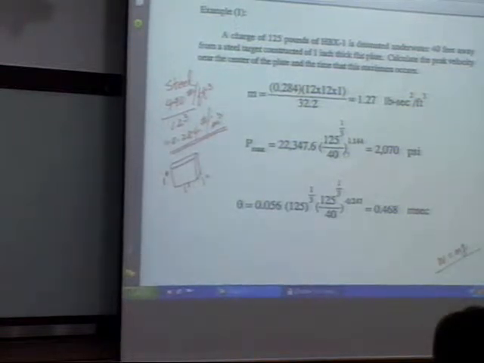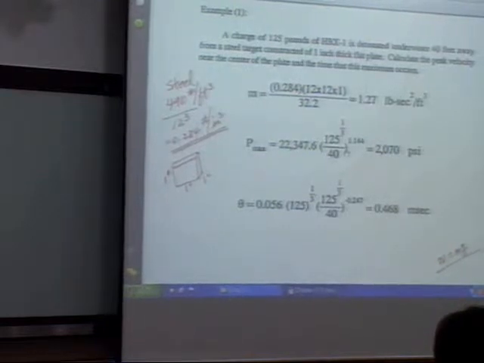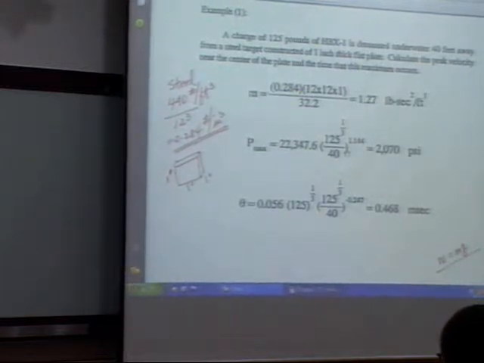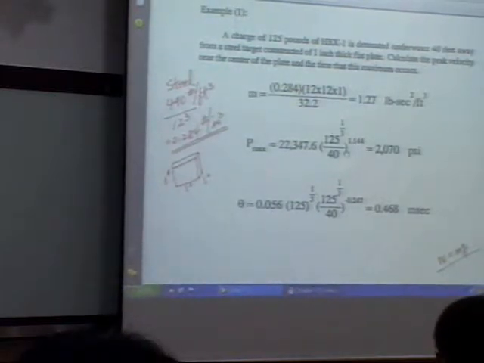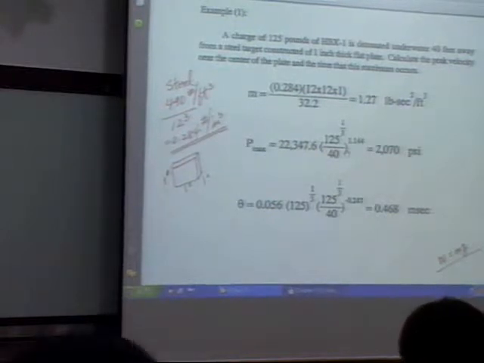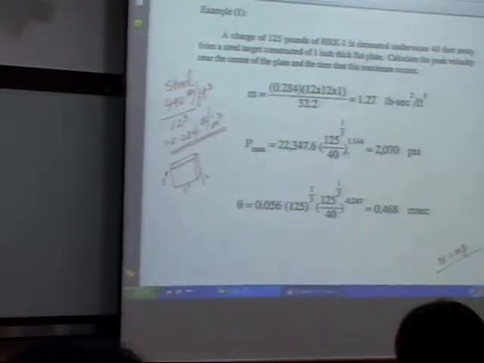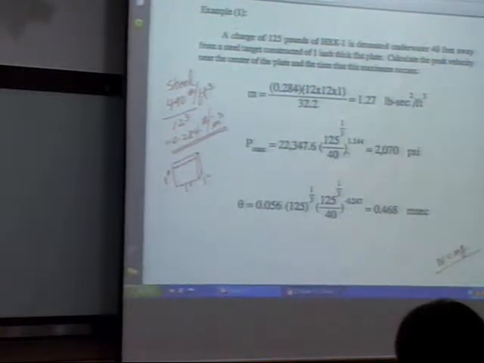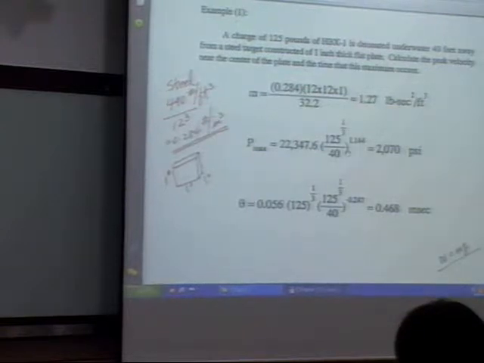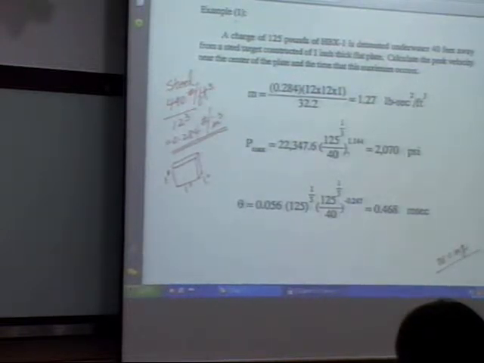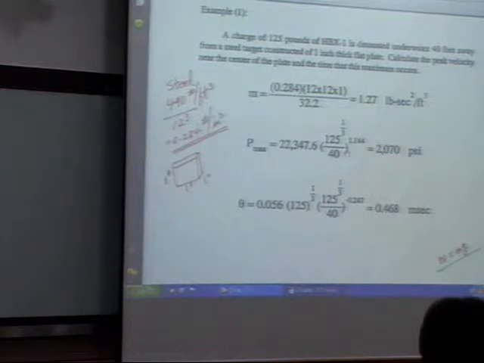Unit-wise, this weight is the pound, and in metrics you use M, which is W over G. So here is a pound divided by g, feet per second square.